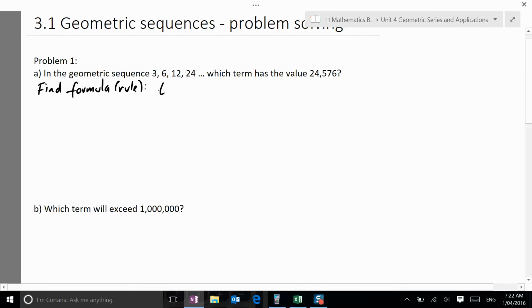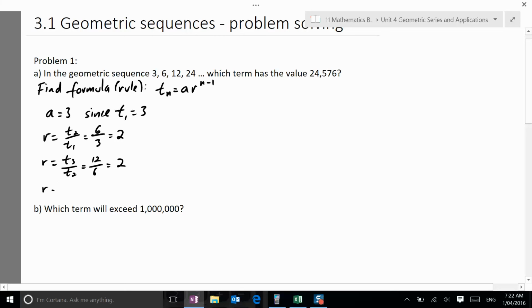So it's better just to find the rule. Okay, so I know my formula is a times r to the n minus 1. Trying to find a, trying to find r. I know that a equals 3, since the first term is 3. To find r, I'm going to divide successive terms, and check that it works for the other ones as well.